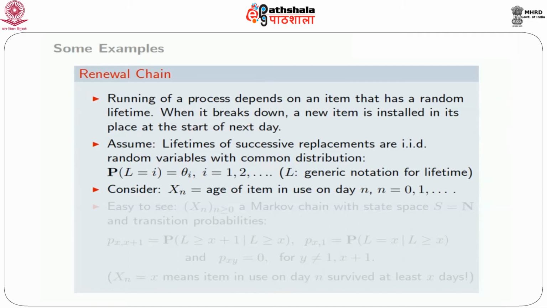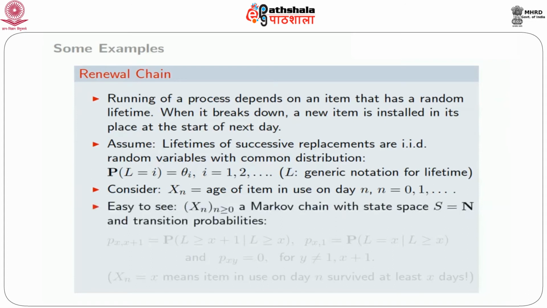That could be because the first item never broke down until day n, or there could have been many replacements in between. So you don't know when the item that is in use was installed. That's what we represent by X_n. It's the age of the item which is in use on day n.